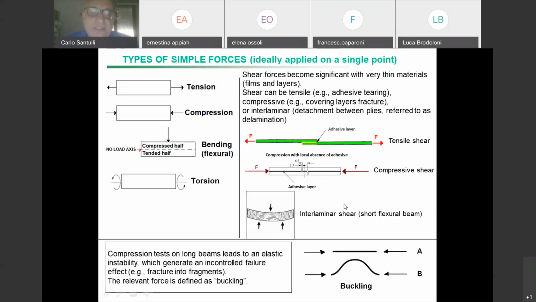simple forces, in the sense that in normal cases, if you have a complex structure, it's unlikely that it's just subjected to any of these forces, unless it's very simple. But even a very simple structure like a rope is subject to tension because you tend a rope. Think of a wire that moves the lifts up and down, for example.